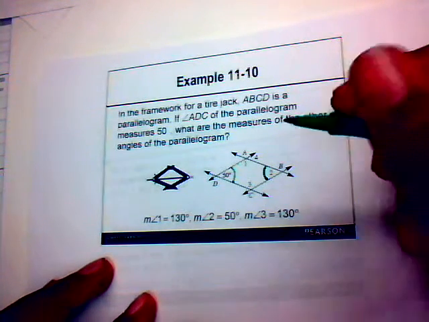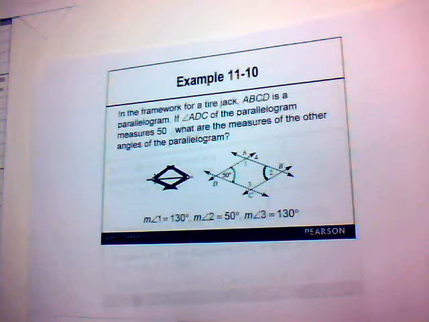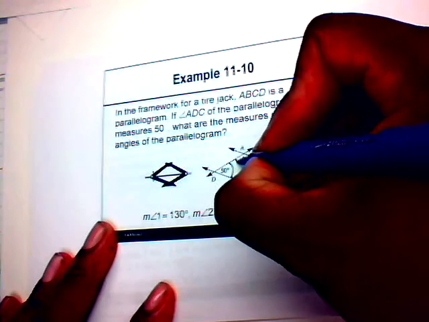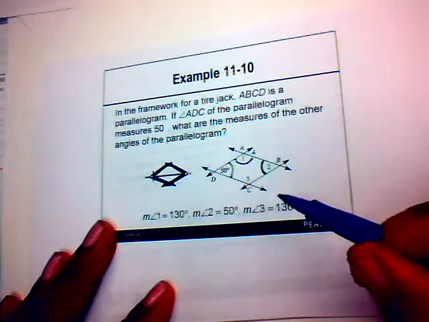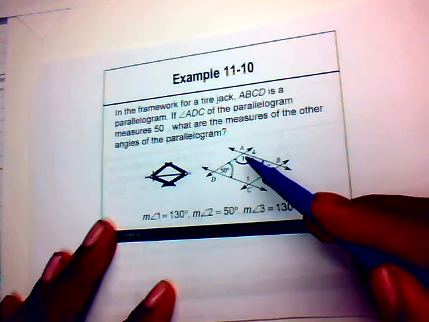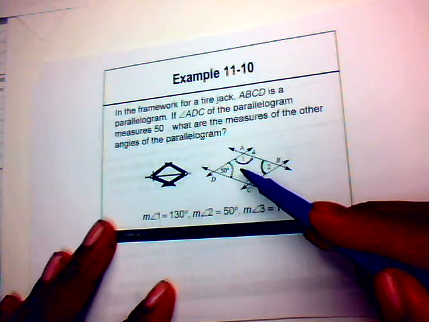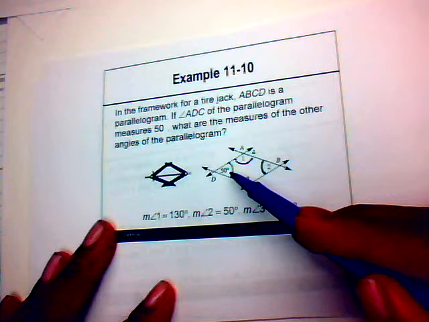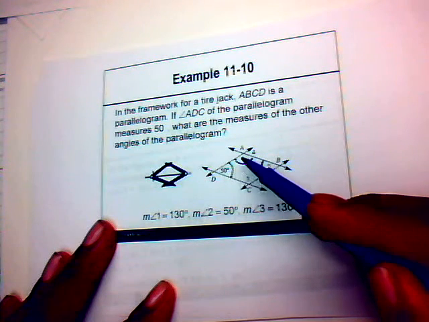Okay. Now, if I want to find the measure of angle 1, here's the measure of angle 1 up here. There's also a property that says if you have two consecutive interior angles, they're supplementary. Meaning the measure of angle 1 and this angle measure add up to 180 degrees.